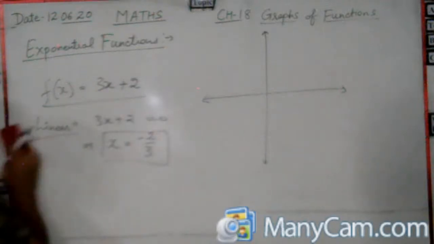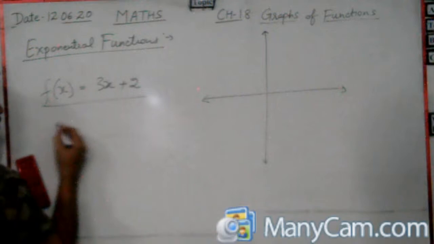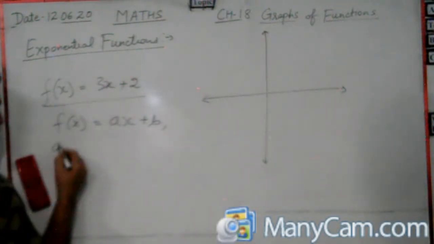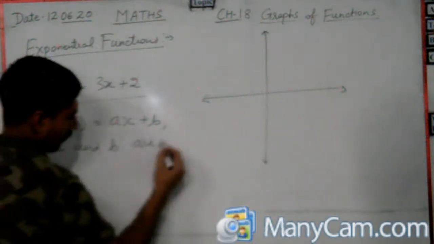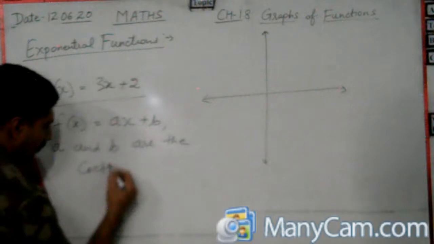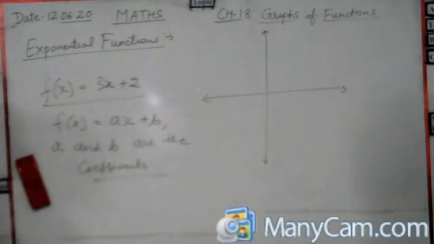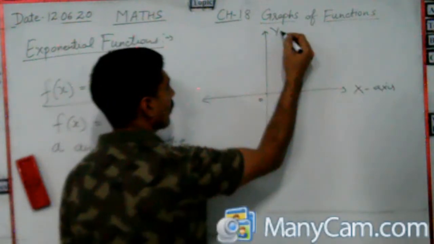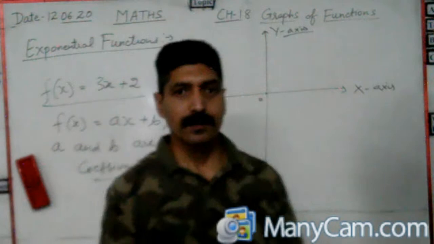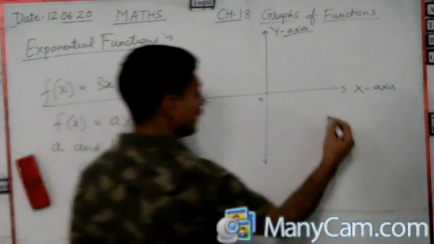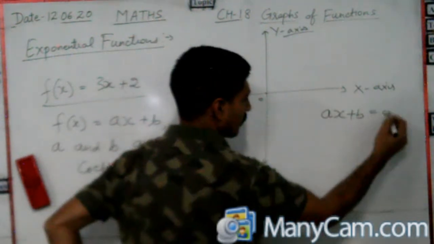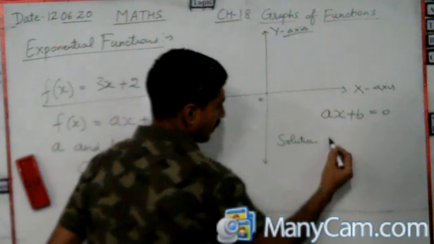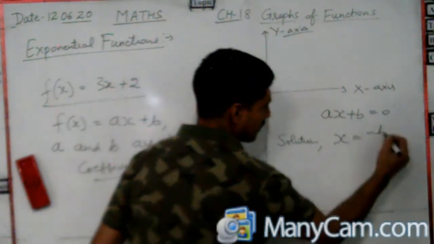If we plot the graph of a function f(x) is equal to ax plus b, where a and b are the coefficients, then for ax plus b, the solution is always x is equal to minus b upon a.